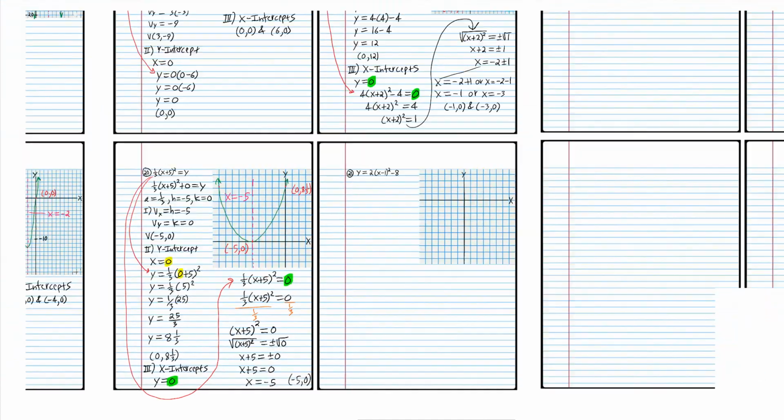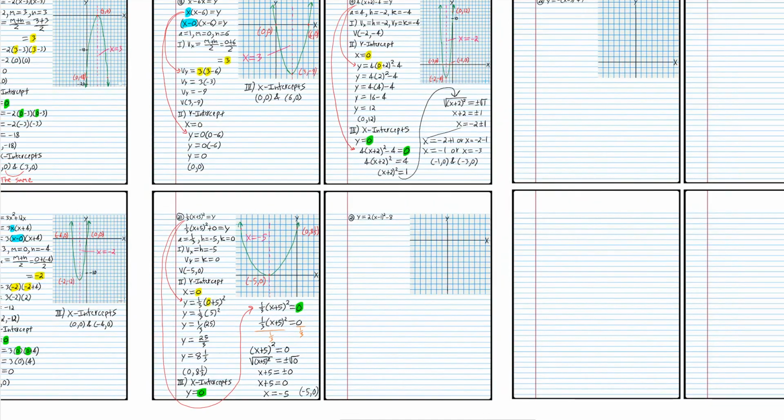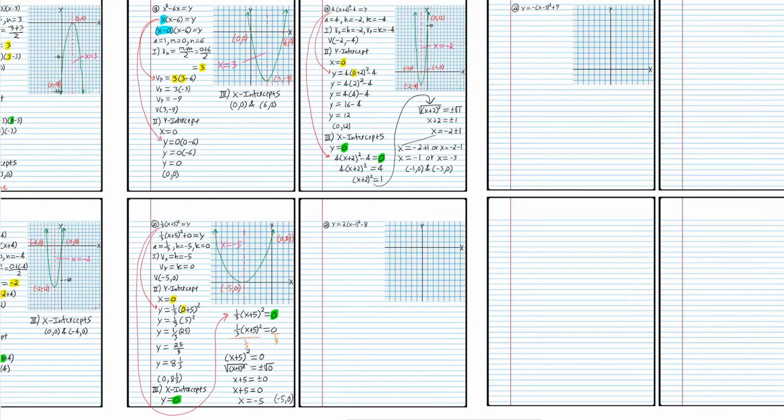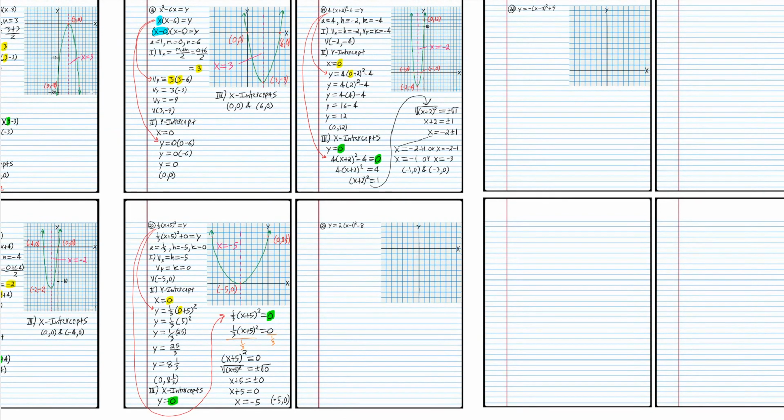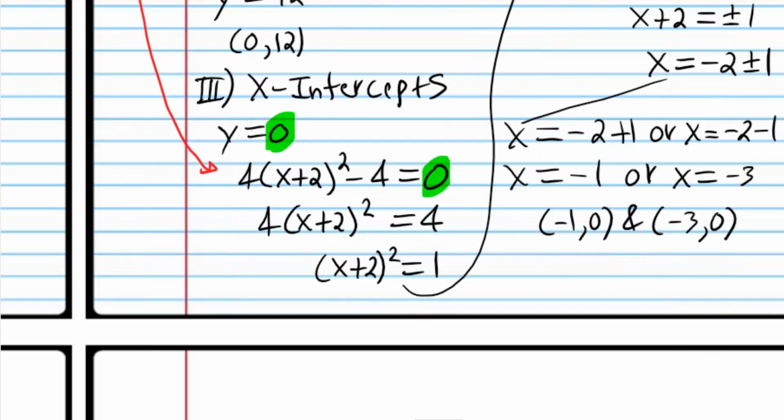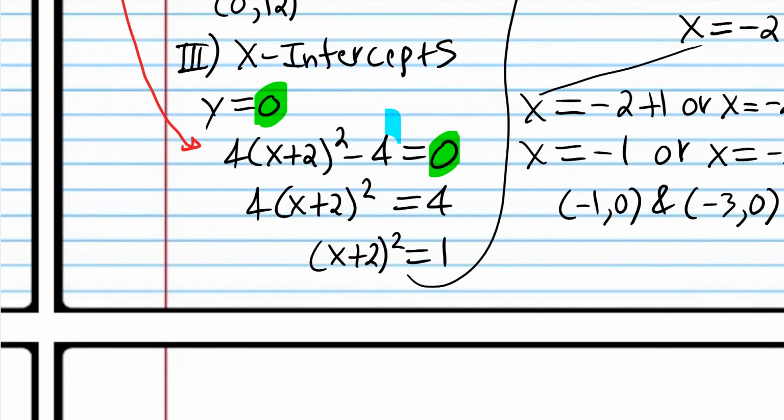Okay, so I'm going to leave number 19 and number 20 in the window, and I want you to try number 21. And remember, you're going to get to a point where you have to solve an equation with a square. And to do that, you have to isolate this square. You have to get it by itself.